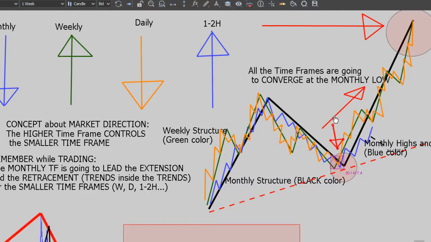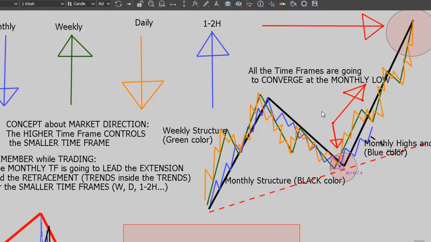When the black line, when the monthly finds the higher low, it is going to push all the lower time frames up. Of course, those time frames are going to wave. The market isn't going in a straight line, the market is going to wave, right? So, do you understand this?